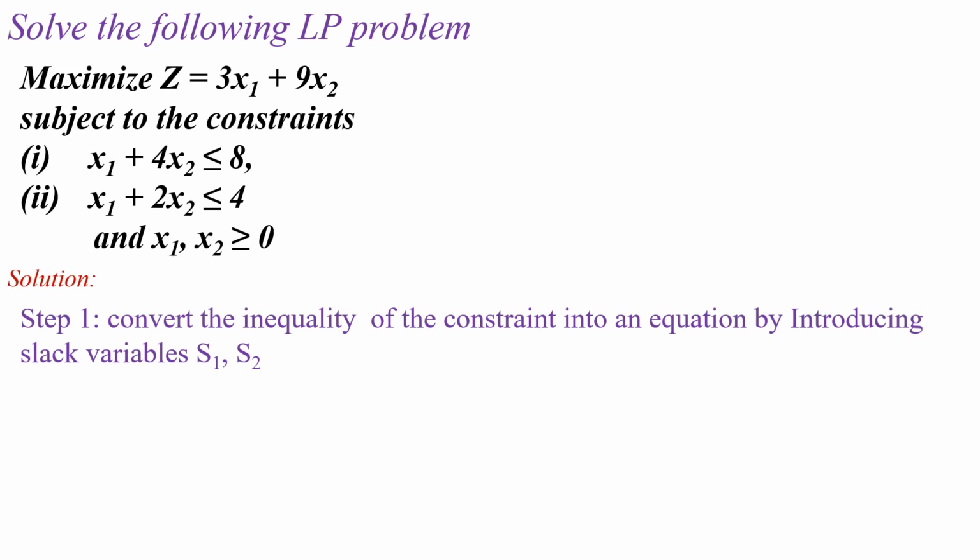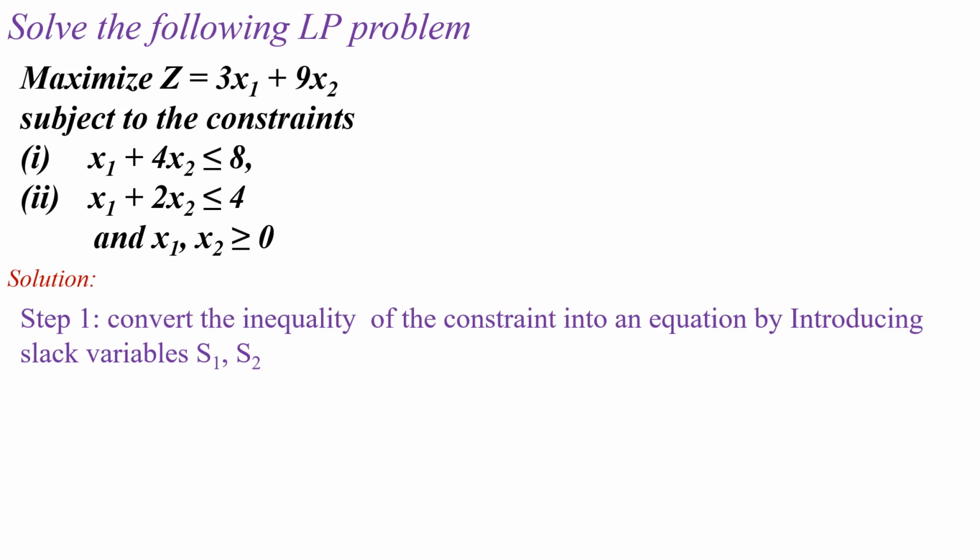First step is to convert the inequalities of the constraints into equations by introducing the slack variables s1, s2. First we introduce the slack variable s1 in the first constraint.